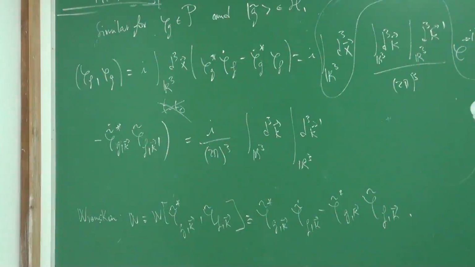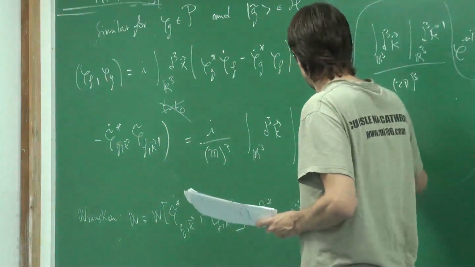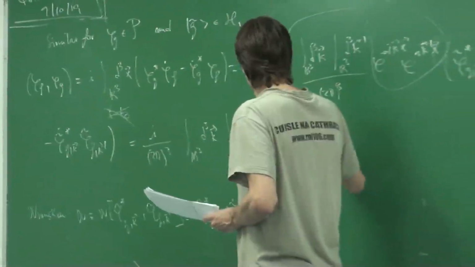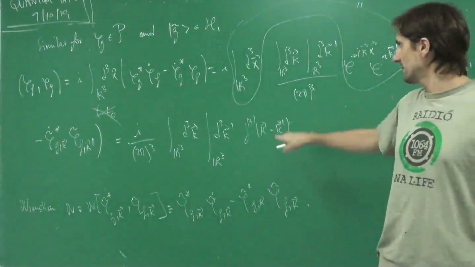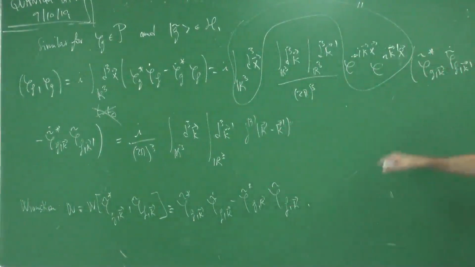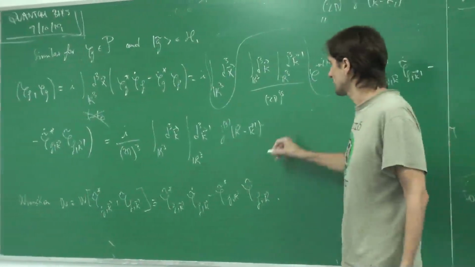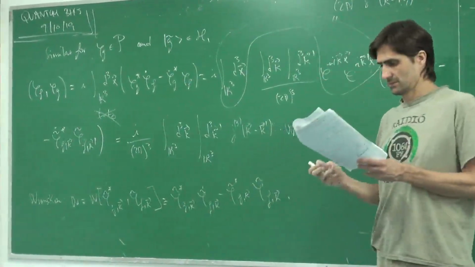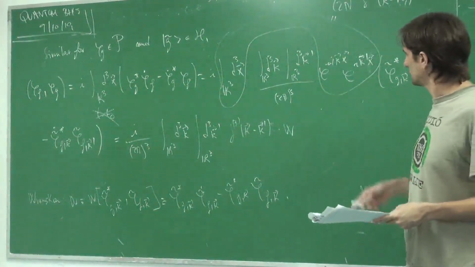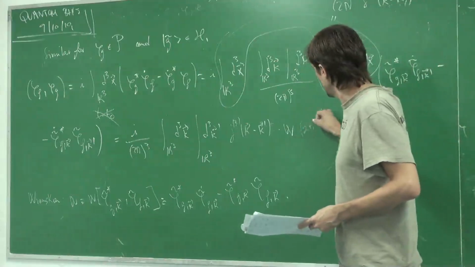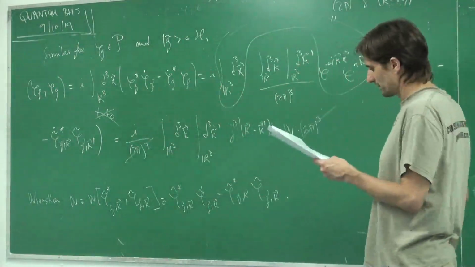Now, we've got the delta cubed from here. Any coefficients of the delta, you can set k equal to k prime. So we can set k equal to k prime in this factor, which just gives us the Wronskian. And I'm missing the 2 pi cubed, which cancels out with this one here.